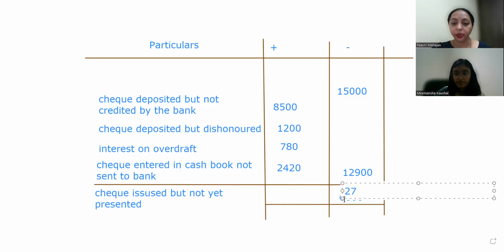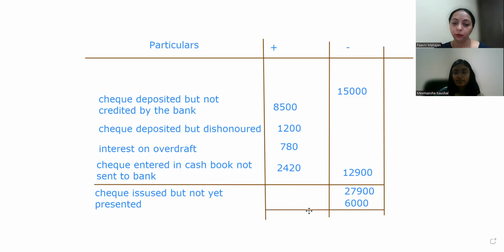So in overdraft, it's better if you follow the format of details and amount, so you won't be getting confused of this plus minus. So what you can do is where you have written plus, write details. Where you have written minus, write amount. Delete this plus sign.